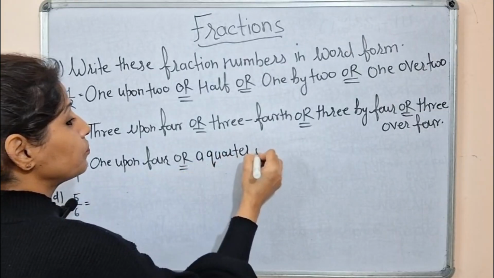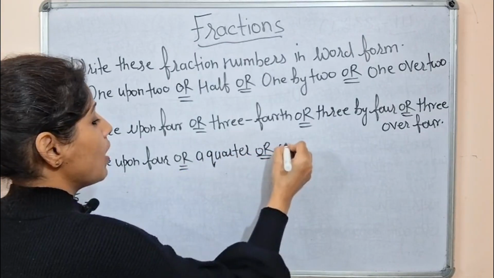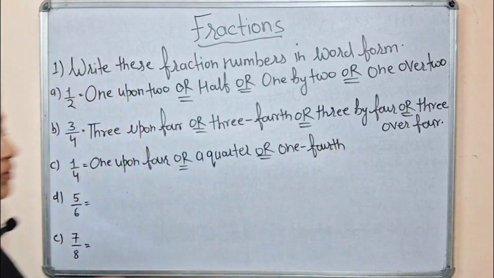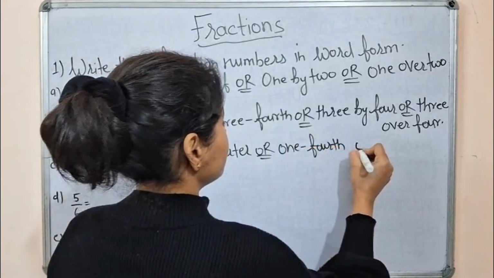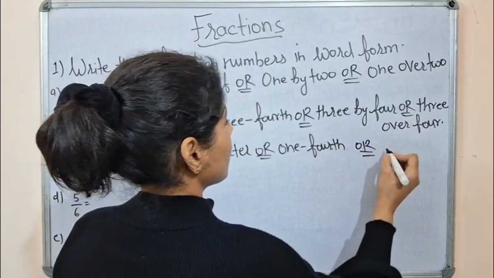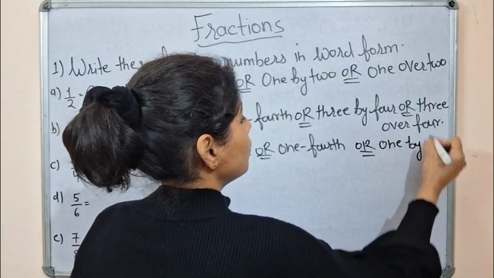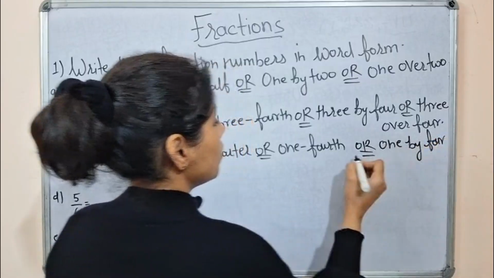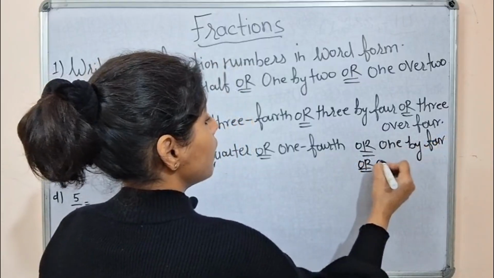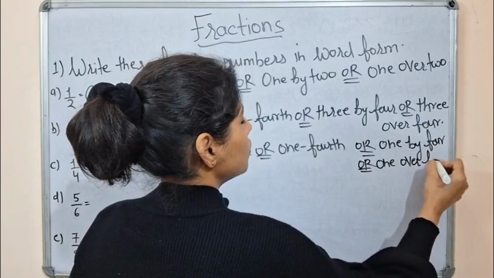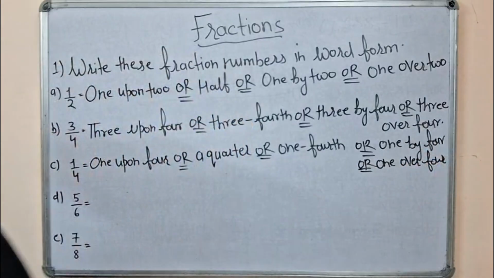Or 1/4, or 1 by 4, or 1 over 4. So this we have written in 5 ways.